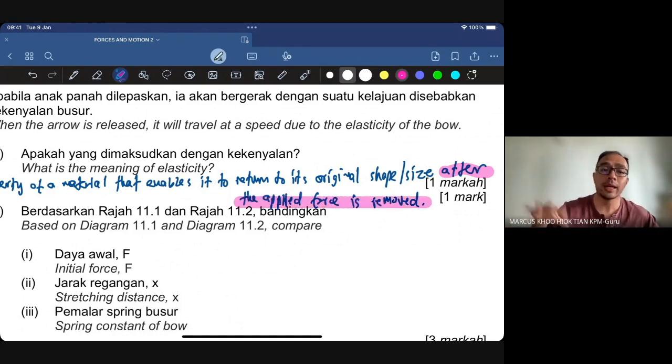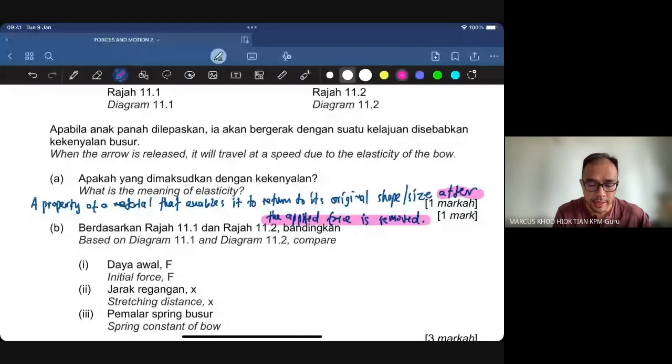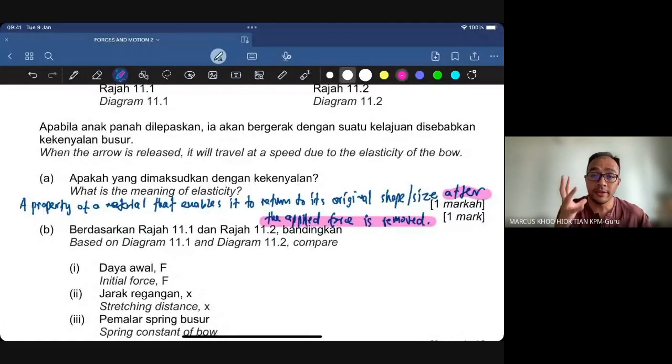Also, again, like Hooke's law, there's a condition: if the force applied doesn't exceed the elastic limit. So elasticity is a property of a material, dia sifat satu bahan, yang membolehkan it to return to its original shape or size or length. You can also say length if you want.